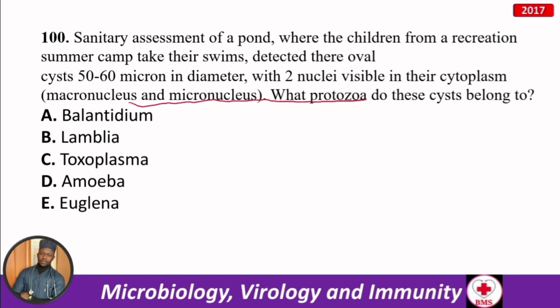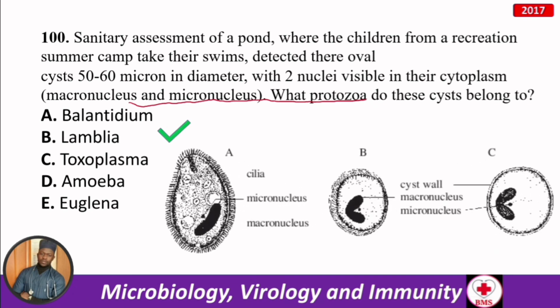It's Balantidium coli. On A you can see a trophozoite with cilia, and you can see the two nuclei, micronucleus and macronucleus. The second one, B, is a young cyst with a macronucleus, and then the mature cyst with a micronucleus and macronucleus.